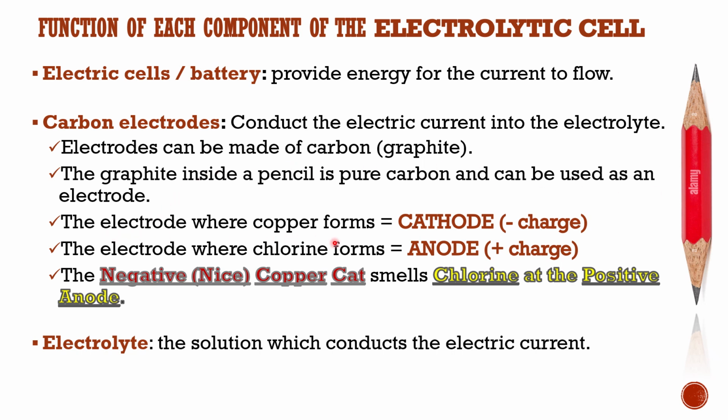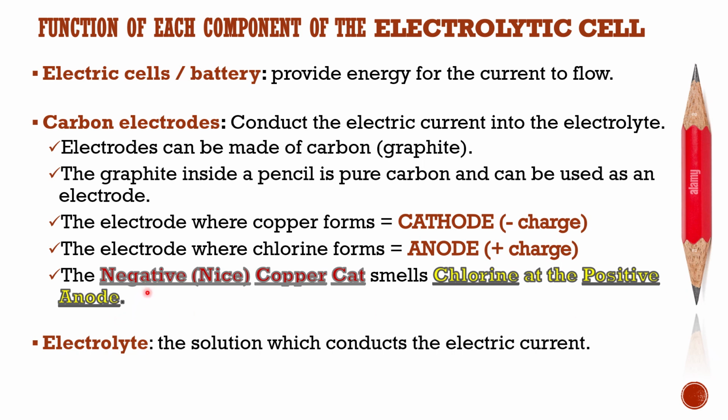Now the electrode where copper forms is the cathode, and it's normally negatively charged. The electrode where chlorine forms is the positive anode. And then I have a sentence here to help you remember where what forms. So the sentence is: the negative copper cat smells chlorine at the positive anode.